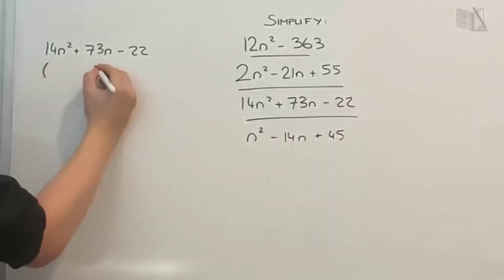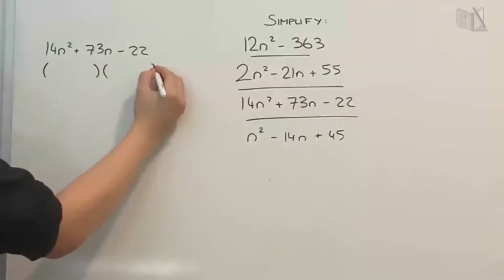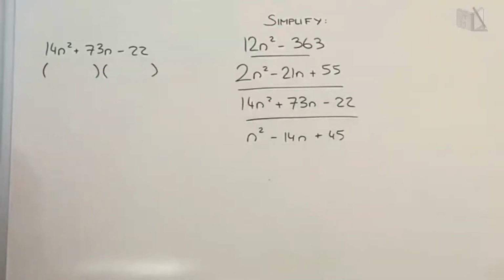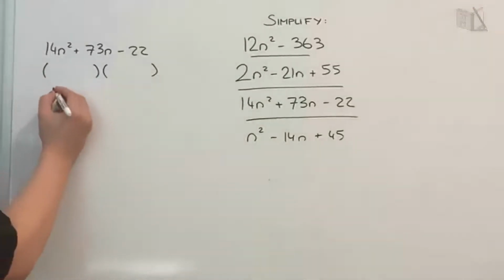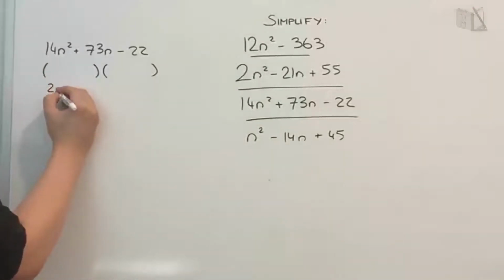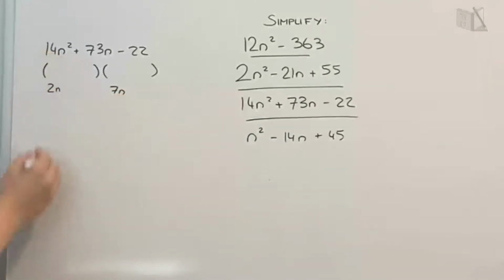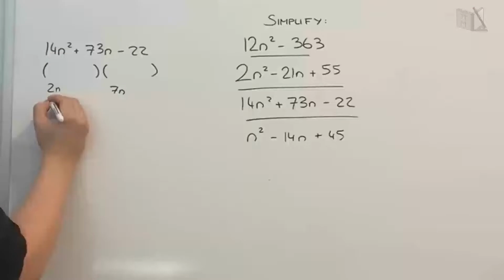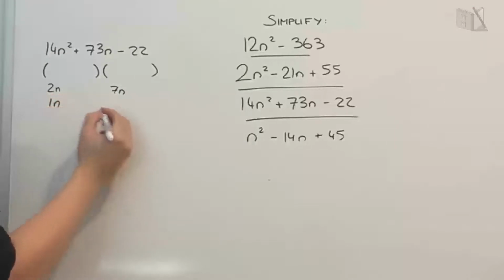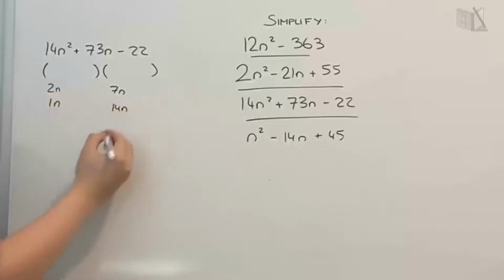The factors of positive 14n squared have to be either 2n and 7n, because they multiply together to give 14n squared, or 1n and 14n, because that also gives 14n squared.